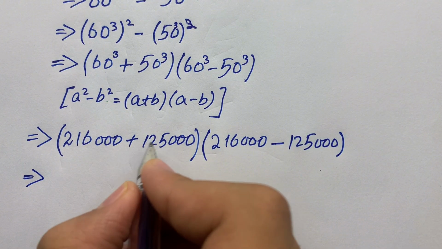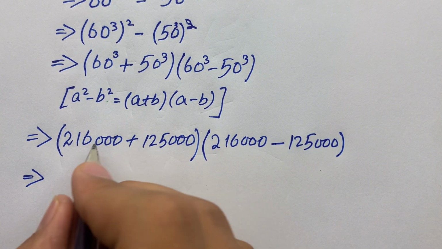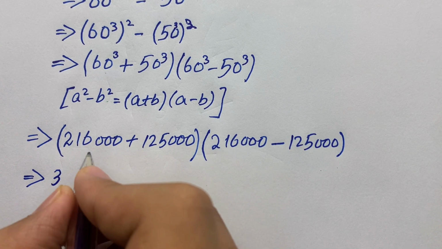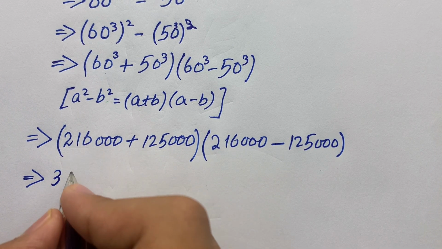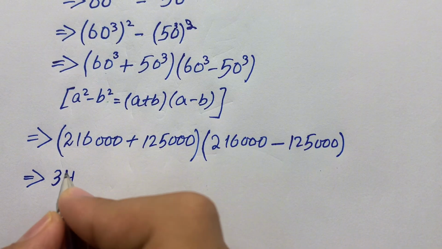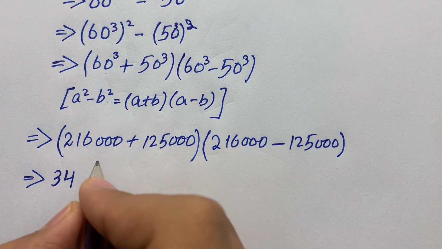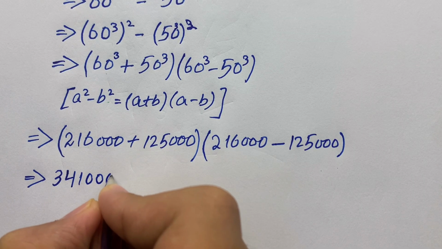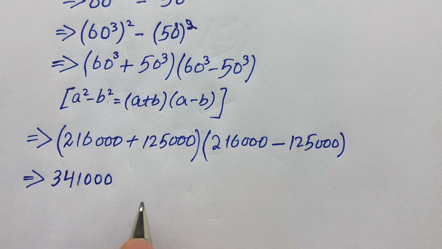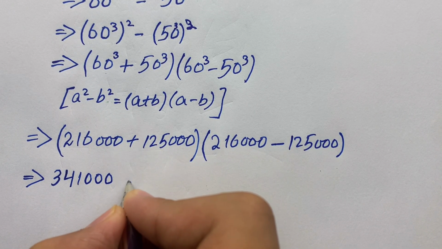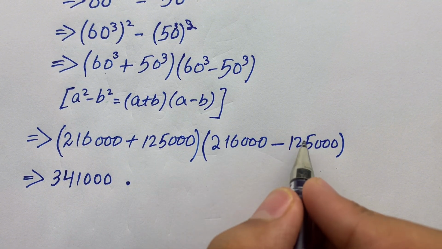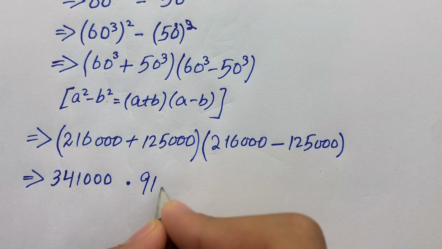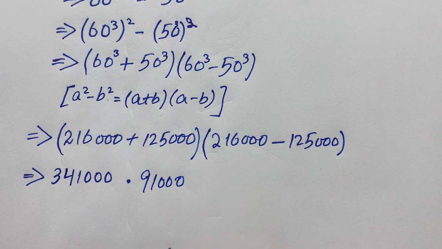We get 4,096 plus 3,375, and after calculating, this will be 7,471. Now into 4,096 minus 3,375, that is 721.